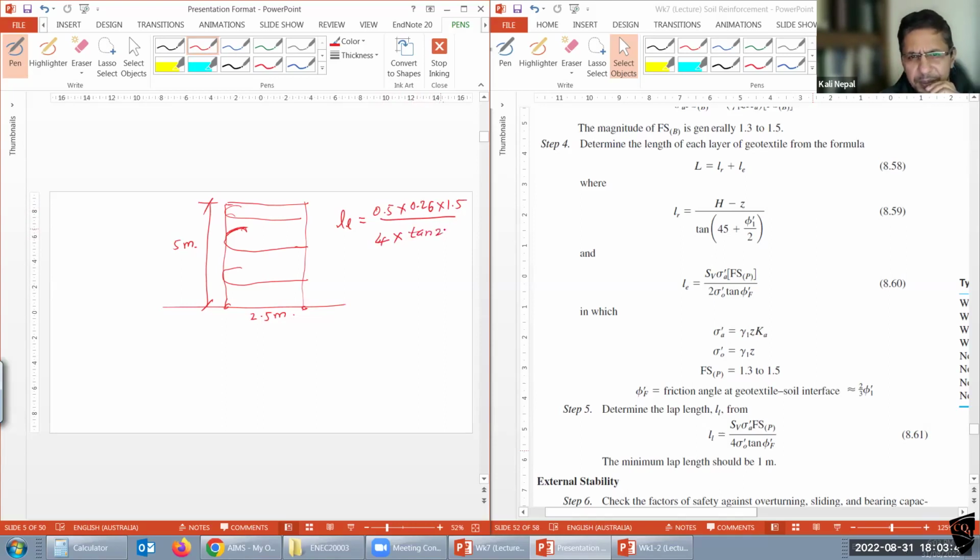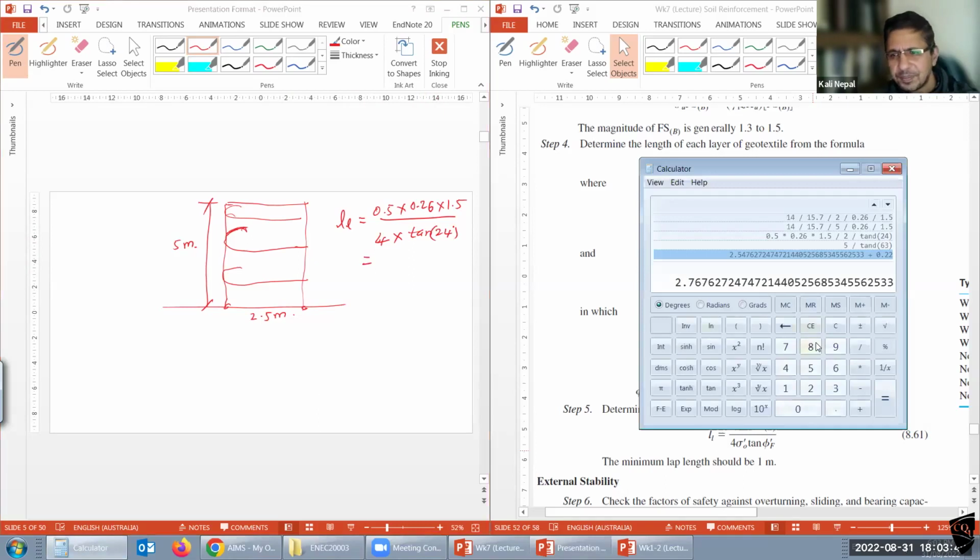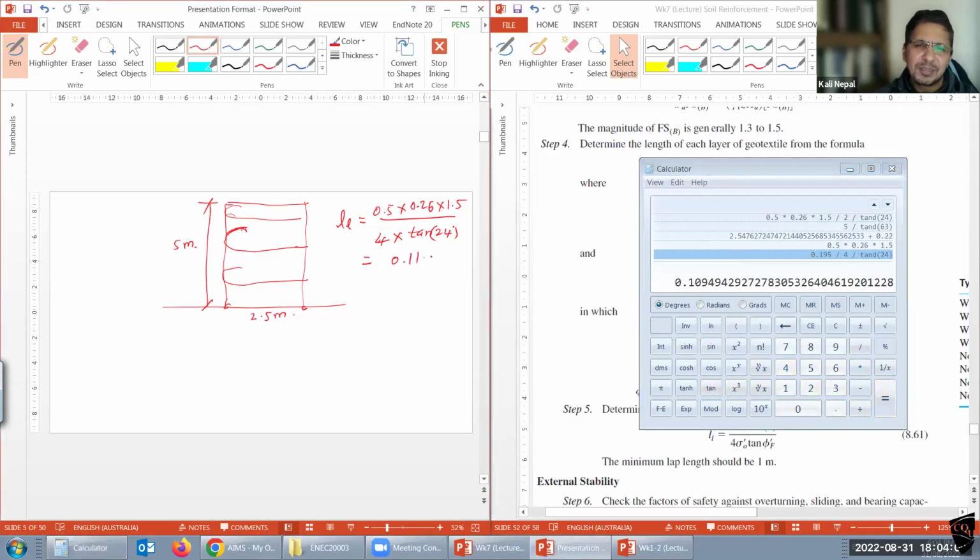I think that's 24 degrees we used before. Come on, how much? Can you calculate that? 0.5 times 0.26 times 1.5 divided by 4 divided by 2410. 0.11, right? Look at this, 0.11 meter, but we need at least 1 meter minimum. So that means you just provide from here to here 1 meter.